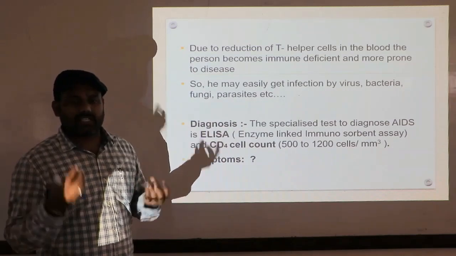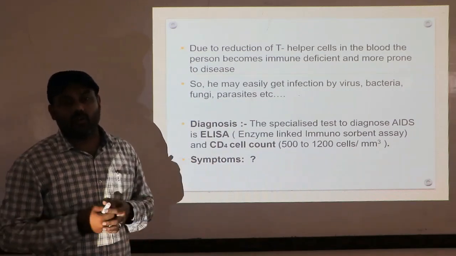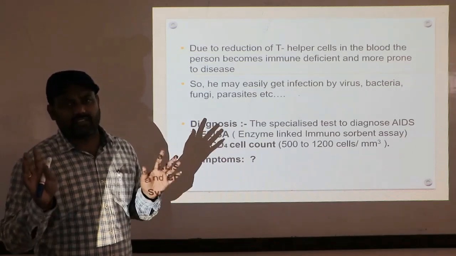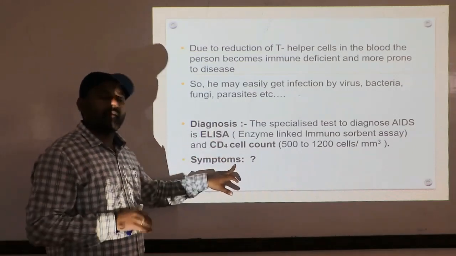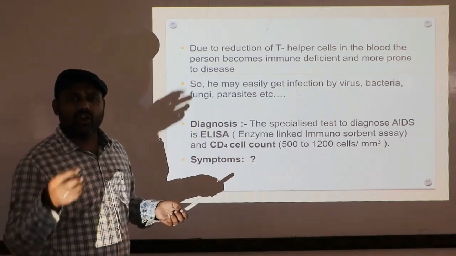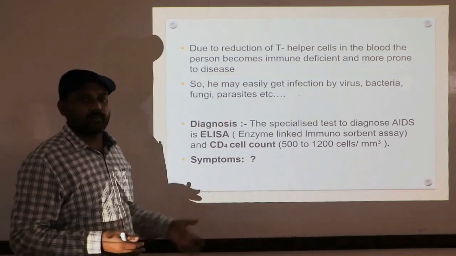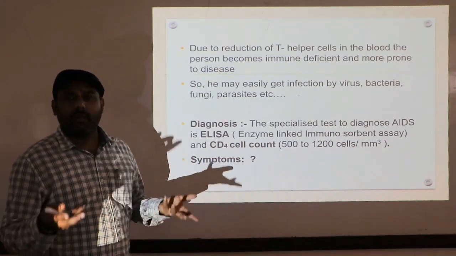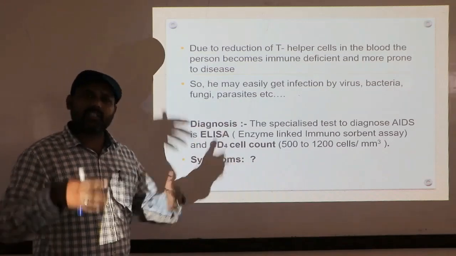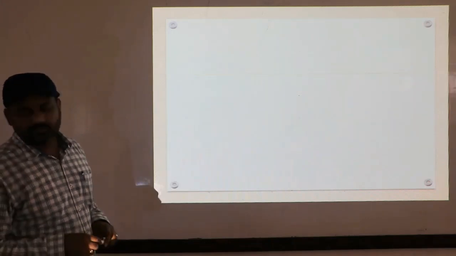So he may start suffering from typhoid, TB, even common cold, isn't it? Whatever the diseases. So many diseases, so many symptoms. Clear? One disease equals approximately 4 to 5 diseases' symptoms. The HIV patient may suffer from many diseases at a time. Many diseases means many symptoms. This is the symptoms.